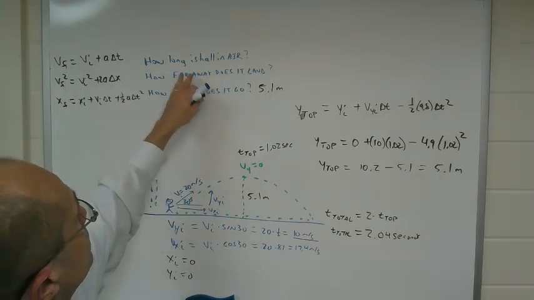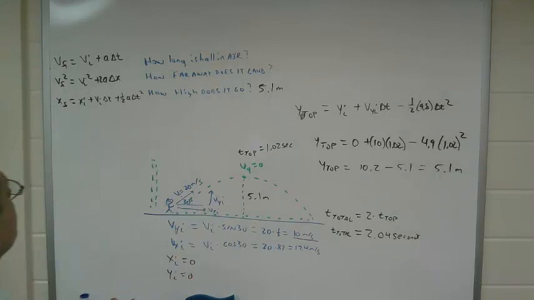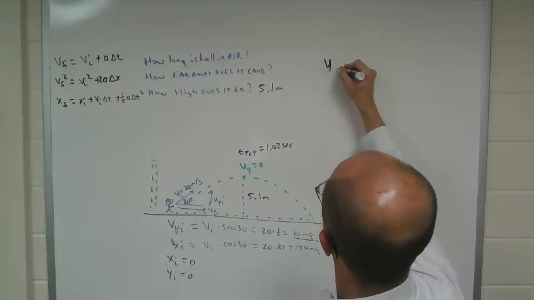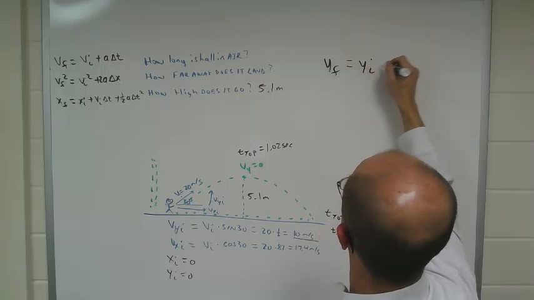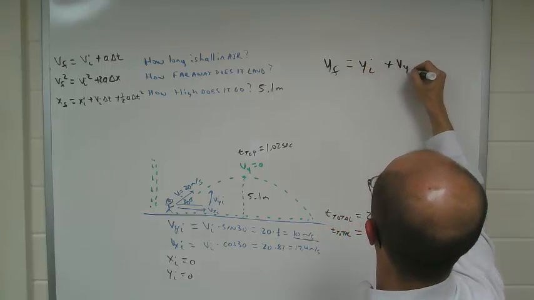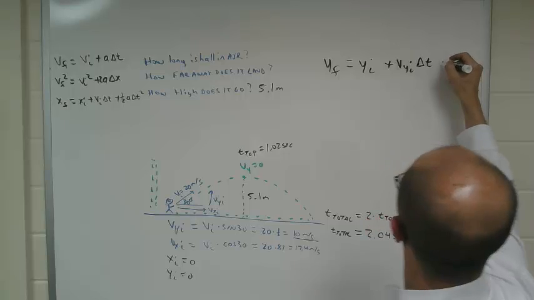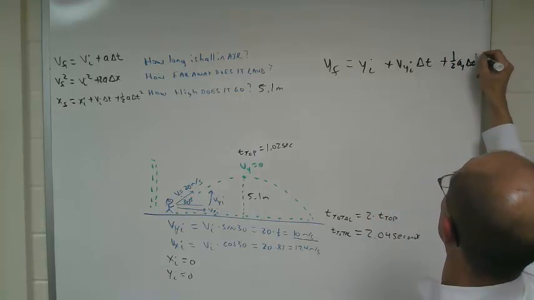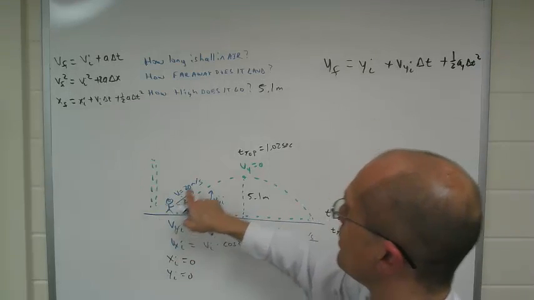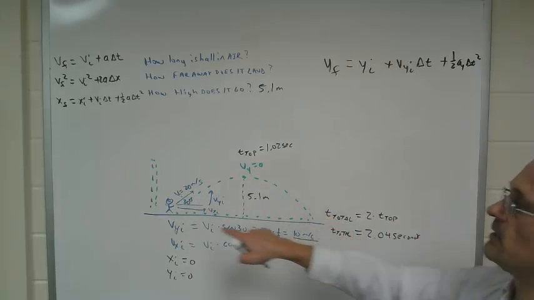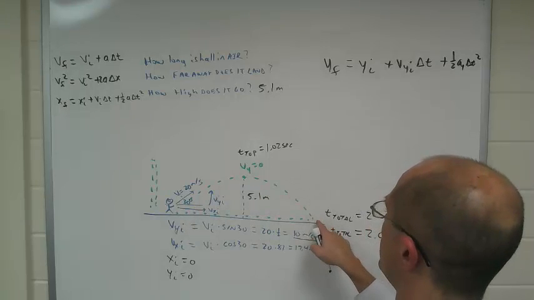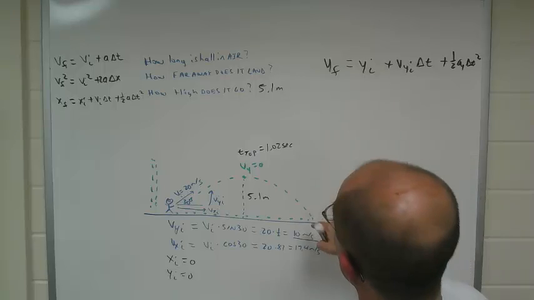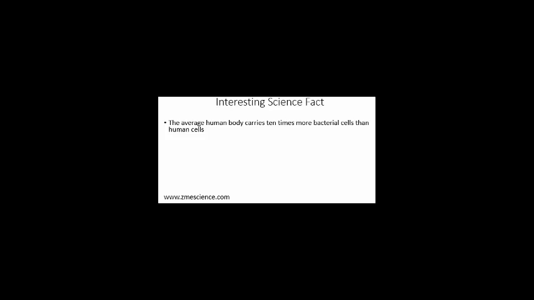How else can we check our total time in the air? Well, let's do this. This is a position equation. Y final is equal to y initial plus vy initial delta t plus 1/2 ay delta t squared. So if we throw this ball up at this angle, it's going to take a parabola and it's going to land back at the ground where it started. So y final over here is 0.